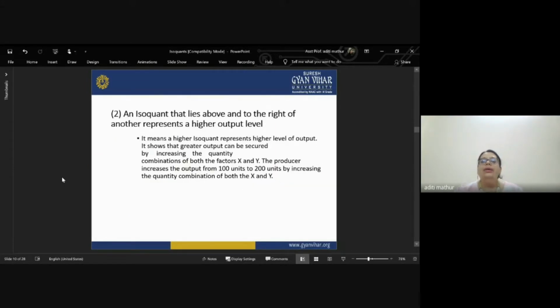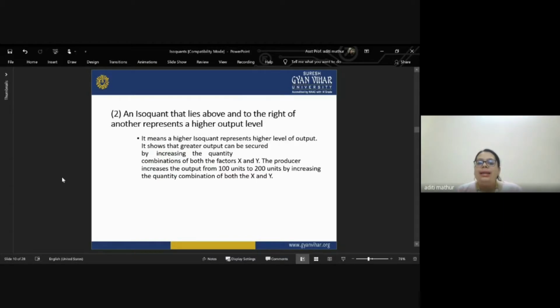The second characteristic is that an isoquant that lies above and to the right of another represents a higher output level. It means a higher isoquant represents a higher level of output.